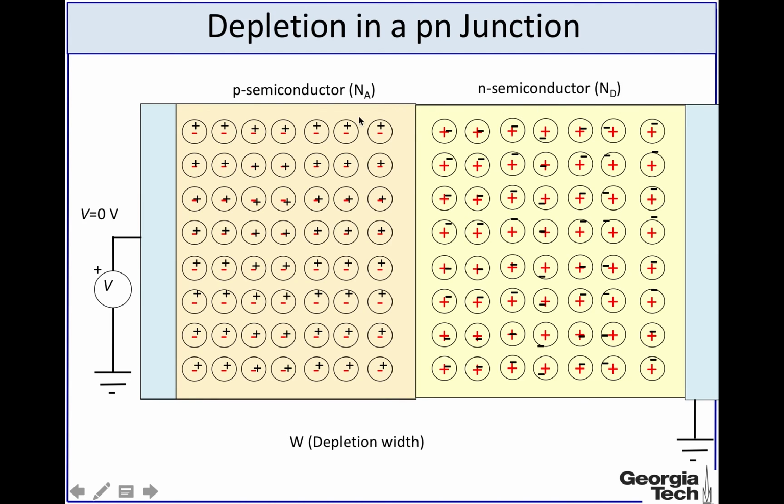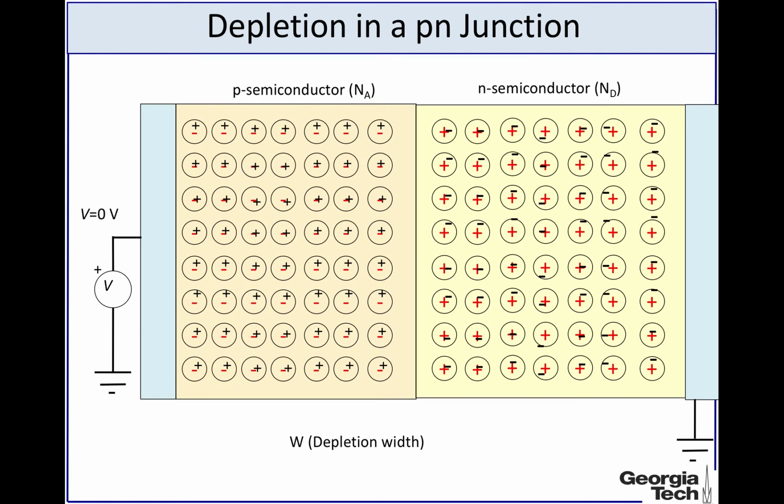Now in the p-type semiconductor, what we are showing here is a dopant atom, the negative dopant atom, which is an acceptor. The negative sign represents the charge in the nucleus, which compensates the positive charge of the hole of the acceptor atom. So this is an abstraction of the acceptor atom.